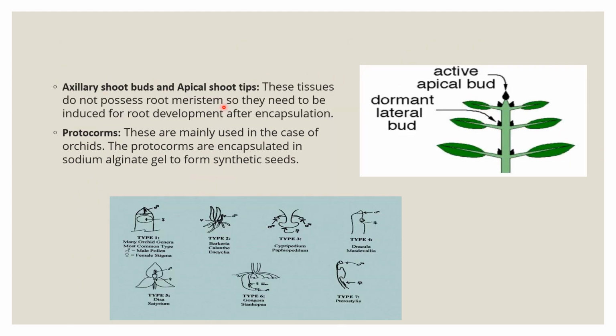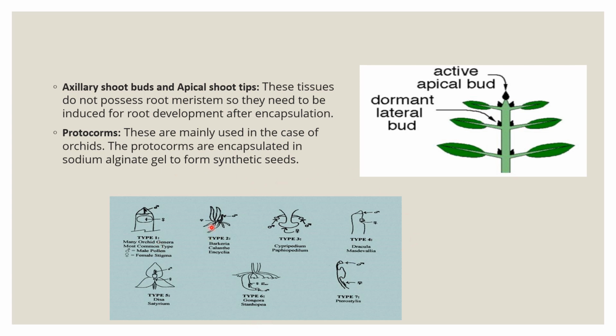And here are axillary shoot buds and apical shoot tips. This method does not possess the root meristem, so they need to be induced for root development after encapsulation. Protocorms are specifically used for orchids, and protocorms are encapsulated in sodium alginate gel to form synthetic seeds.